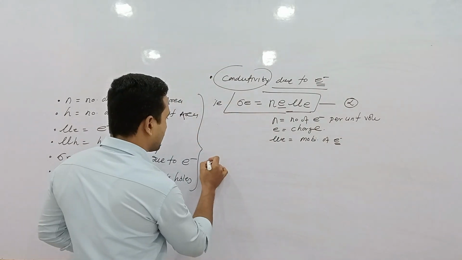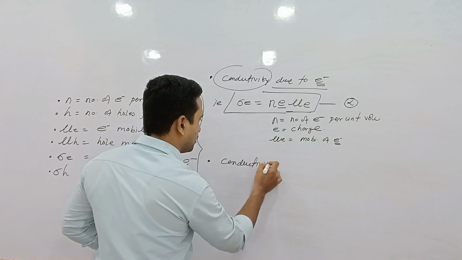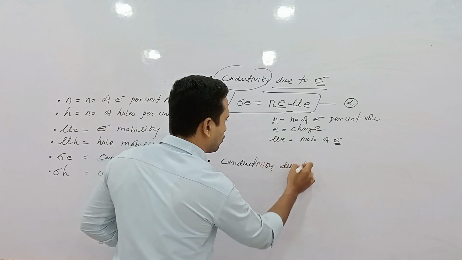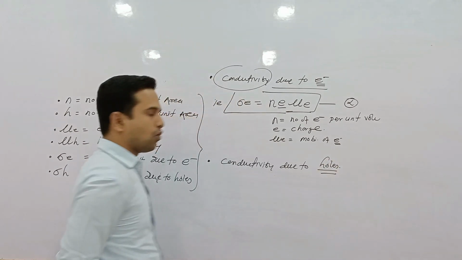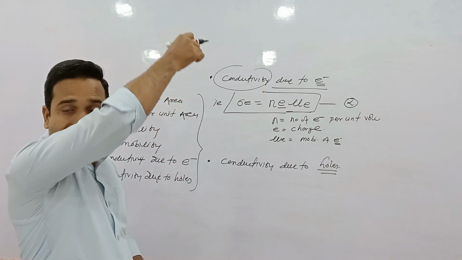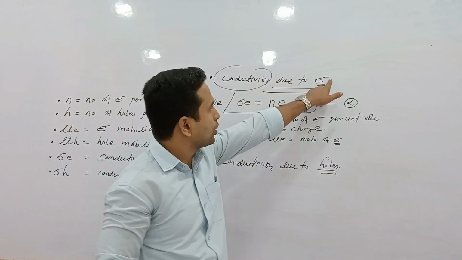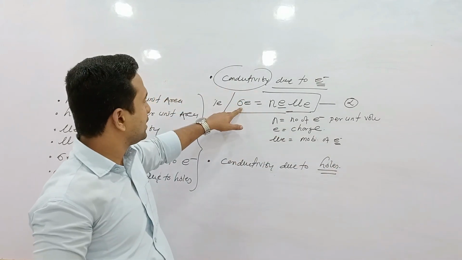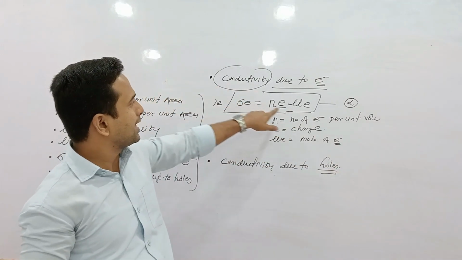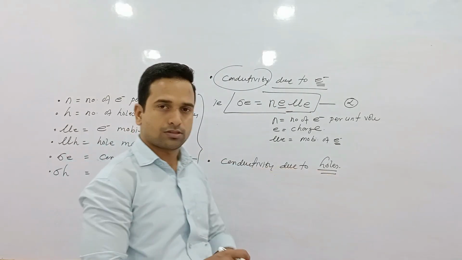Now conductivity due to holes. Because in semiconductor हमें पता है कि conductivity इलेक्ट्रॉन की वजह से भी होती है और होल की वजह से भी होती है. We first determined the conductivity due to the electrons. Now we are determining the conductivity due to the holes. बराबर?